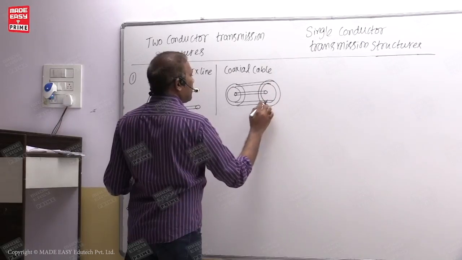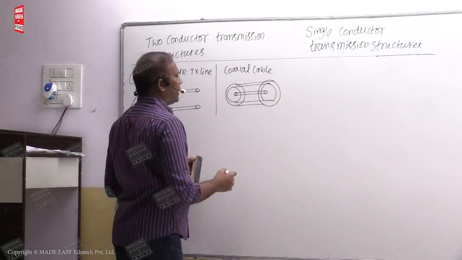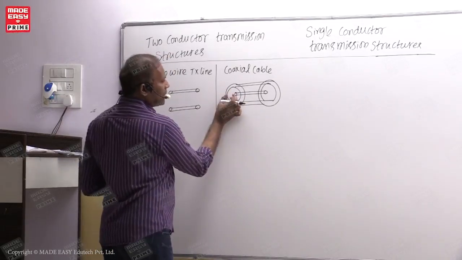So in the coaxial cable, this is the center conductor, this is the outer conductor. Two conductors are there. Here I told you a voltage source is connected.